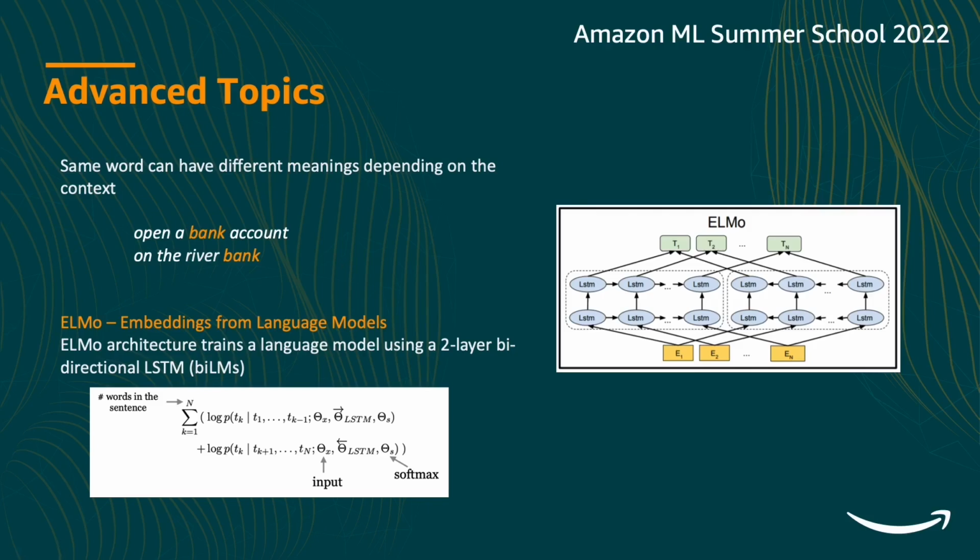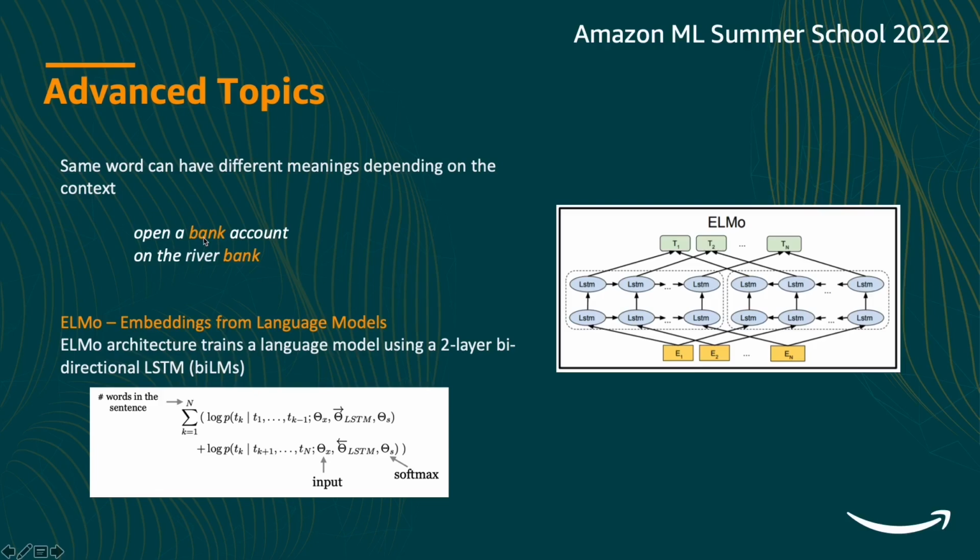And so ELMo trains a bidirectional LSTM on this language modeling task. One LSTM is for forward language modeling, another is for backward language modeling, and this is the overall objective function. These parameters are the parameters of the LSTM architecture. So for a given word, let's say we want to produce embeddings for the word bank.